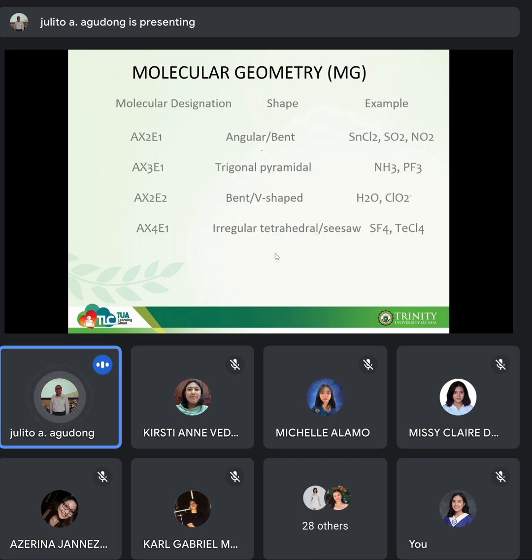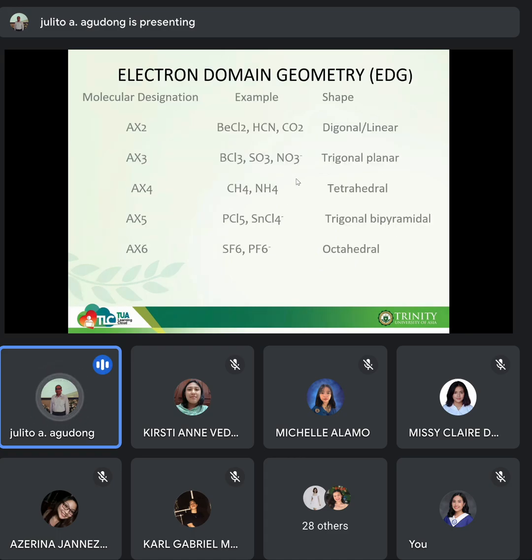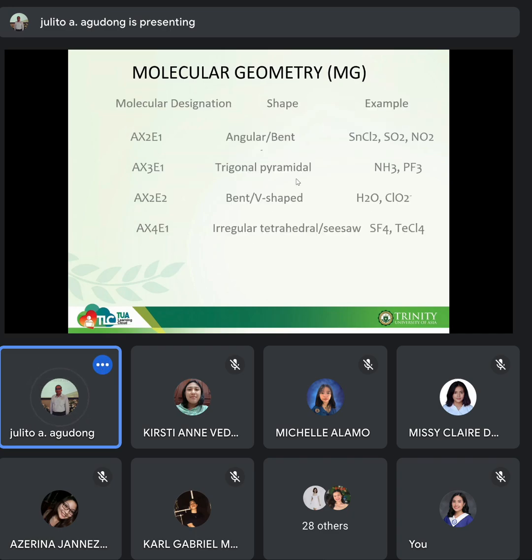These are the next. If those are electron domain geometry, this slide showcases the different molecular geometries.